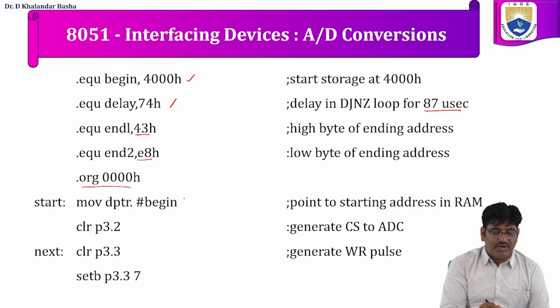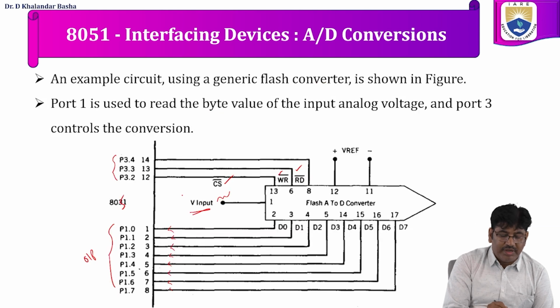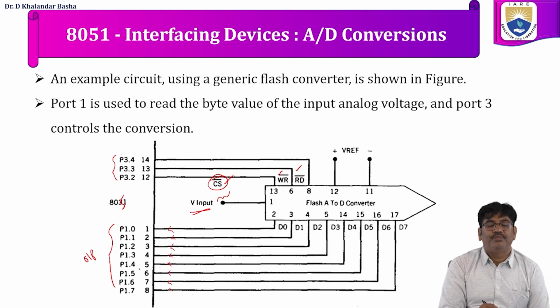First, we store the address of the RAM where the samples are to be stored into DPTR. Next, we want to make the chip select active. If you observe the pin, the chip select is an active low signal.